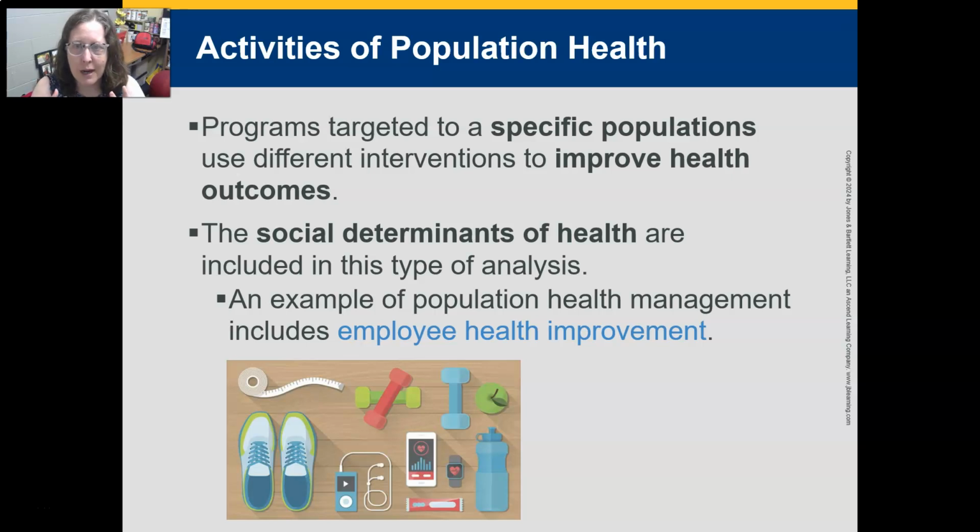Some big companies have their own workout areas, gyms, pools, or whatever, where their employees can go exercise for free. They get health coaching. They have access to maybe some interventions that are just for them. They also can do employee health fairs and health screenings, where they check maybe glucose and cholesterol and their weight and their blood pressure, and they can get incentives for going to the health fair, etc.